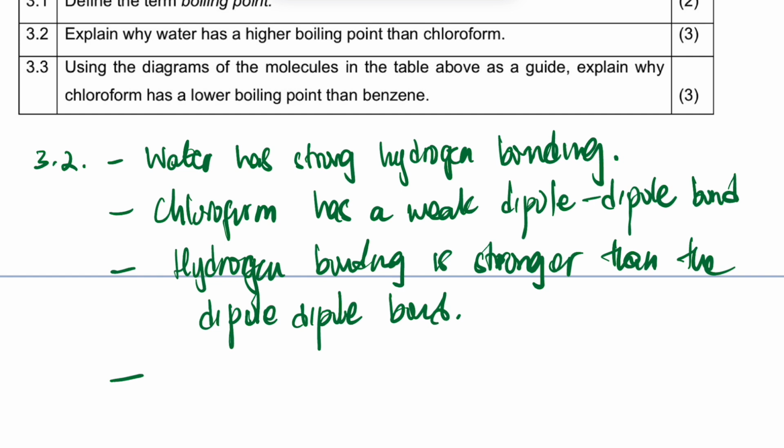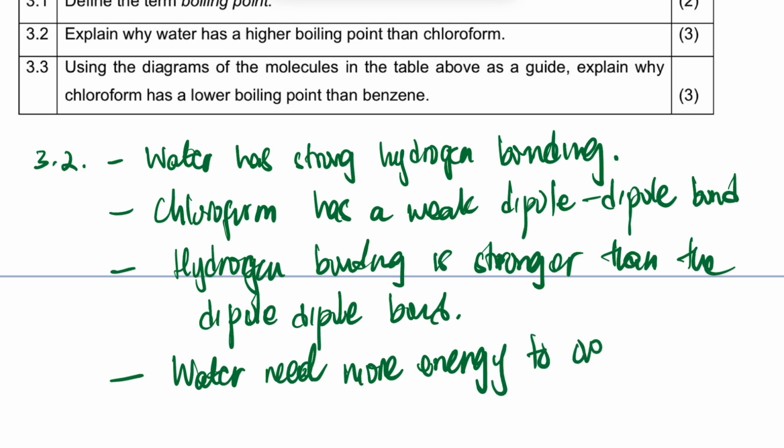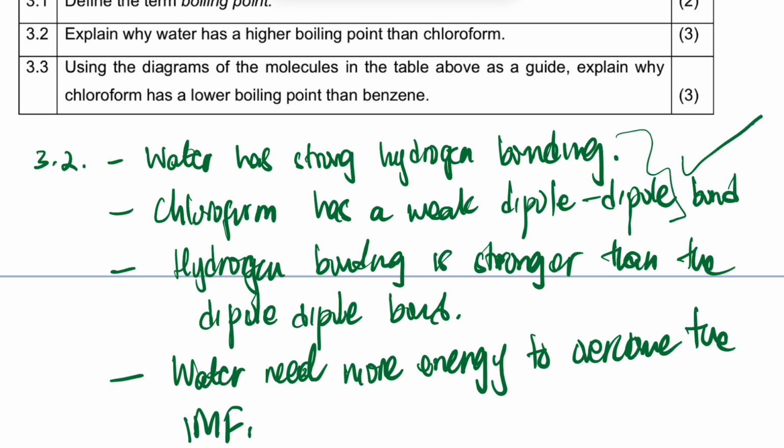The one that has a stronger intermolecular force needs more energy to overcome the intermolecular force. So you will say water needs more energy to overcome the intermolecular force, right? So guys, this is 3 marks: 1 mark for stating their intermolecular forces, 1 mark for comparing them, and 1 mark for talking about the energy.